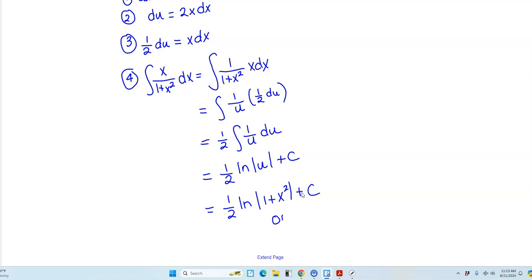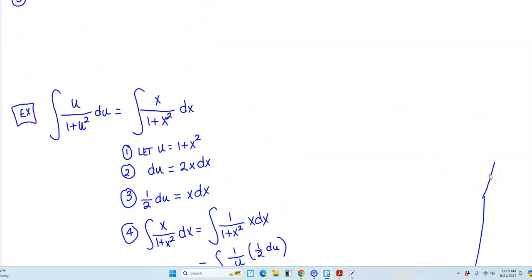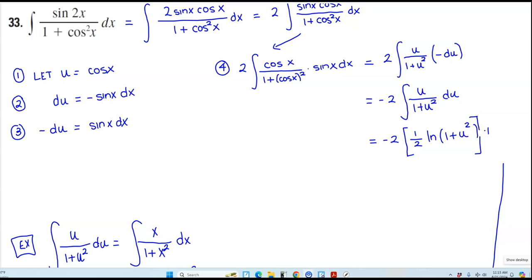If we take a look at what this is up here, we now know what it's going to look like. Basically, this now becomes -2 times 1/2 times the natural log of 1 plus u squared, plus c. And what did we call u? We called it cosine x.